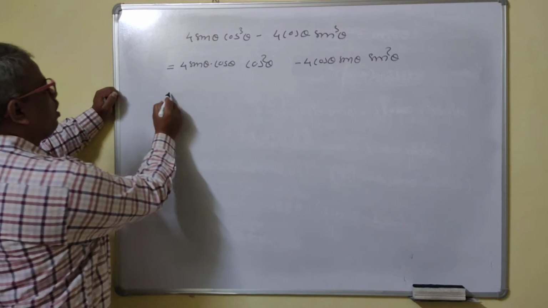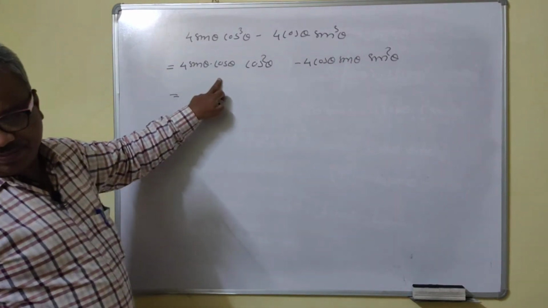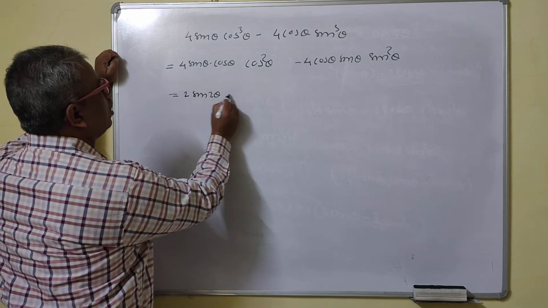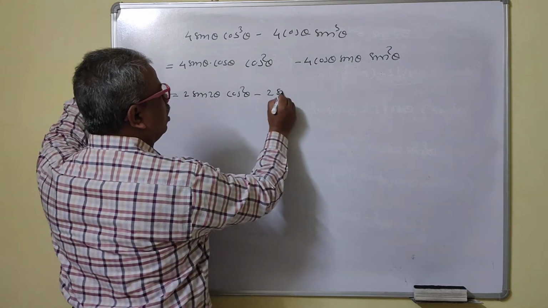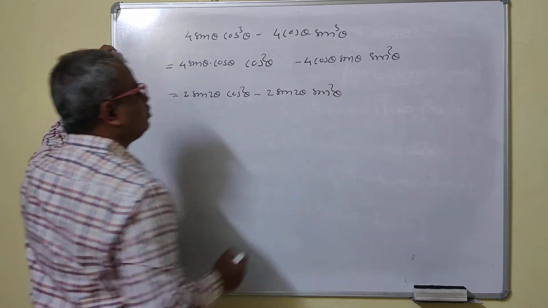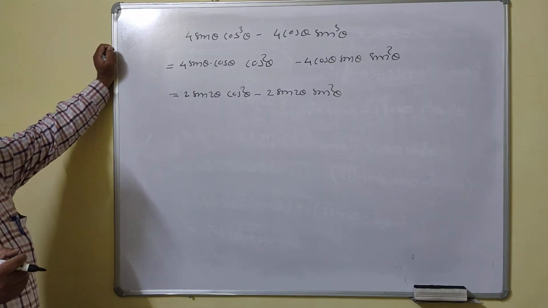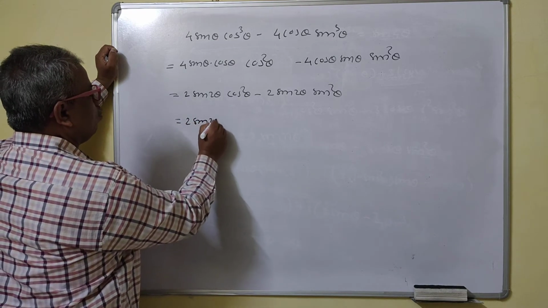Now what I will do, I can write this as 2 into 2 sin theta cos theta, so 2 into sin 2 theta cos square theta, minus 2 into, again, sin 2 theta sin square theta. Now we take 2 sin 2 theta common.